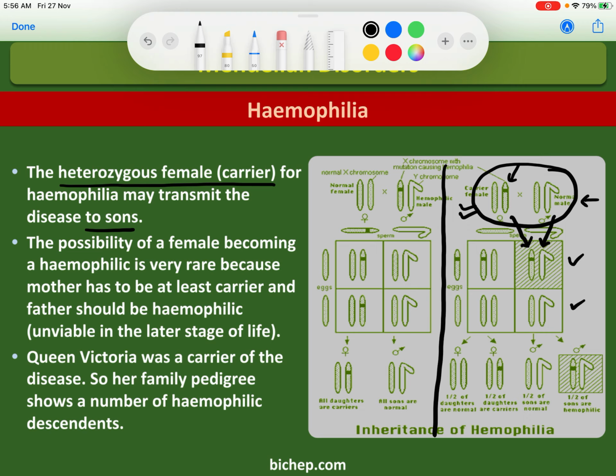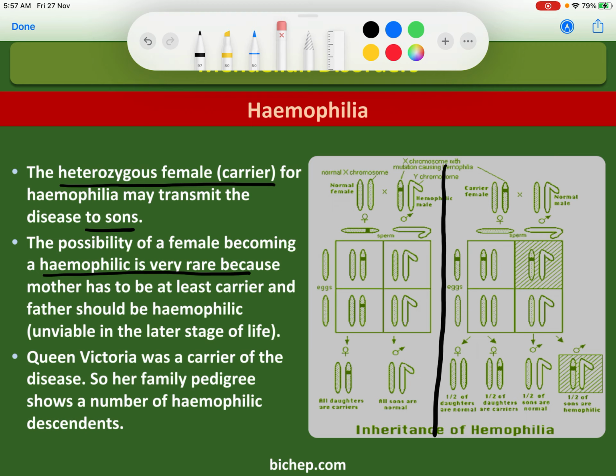The possibility of a female becoming hemophilic is very rare. Why? Because it is an X-linked recessive trait. Only in the case where two recessive genes come together, that is the recessive homozygous condition, found in the female, is there a chance of getting a female affected by hemophilia.